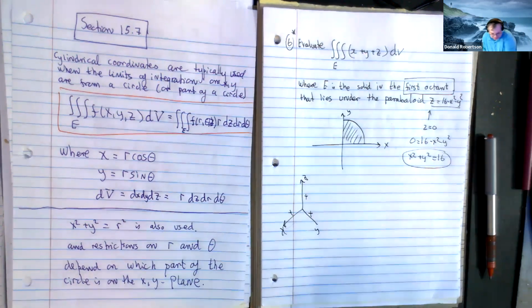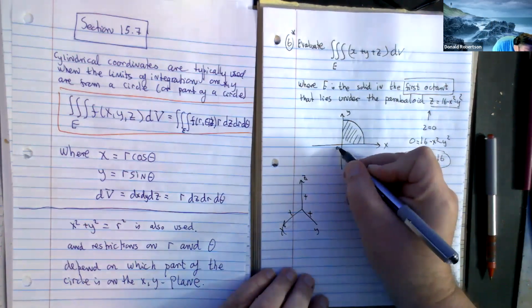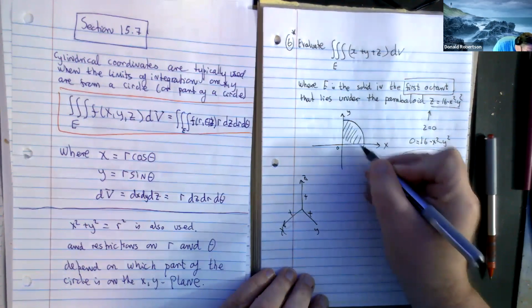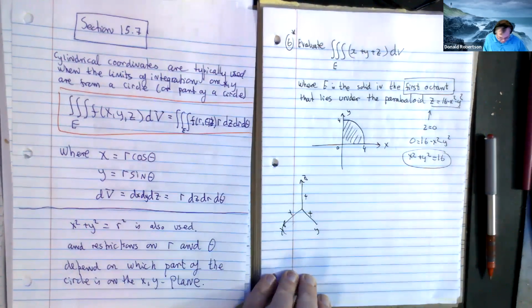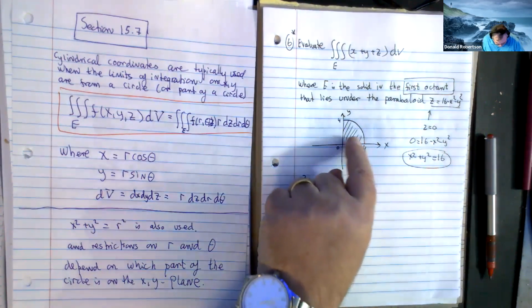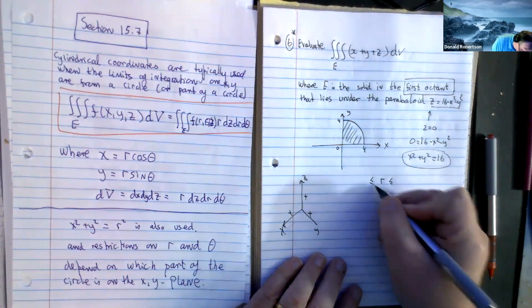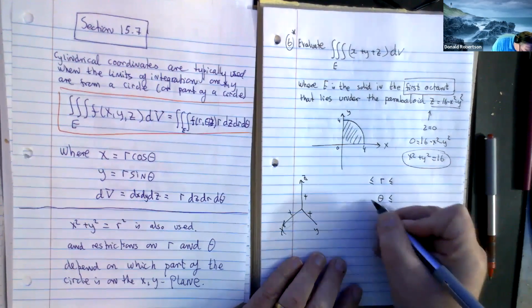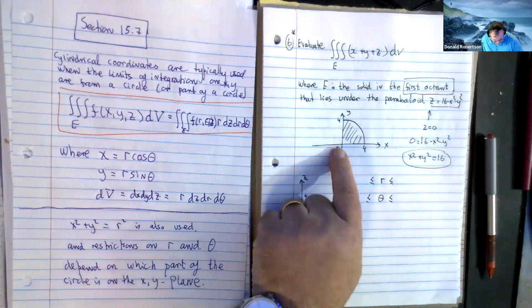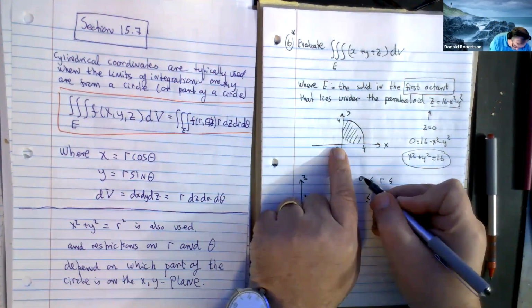Isn't that the only piece that we're getting? And that is from 0 to 4. Okay, so I now know the limits of integration for r and theta. The r goes from 0 to 4.